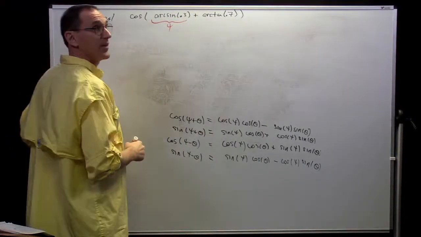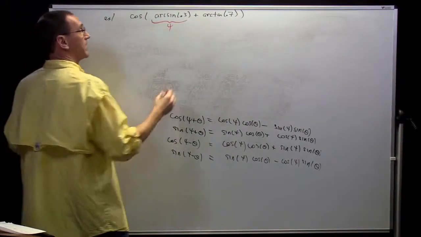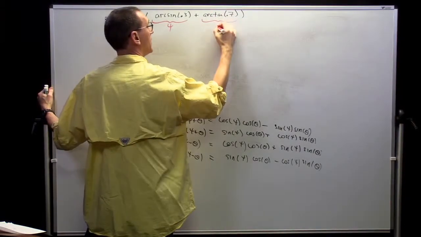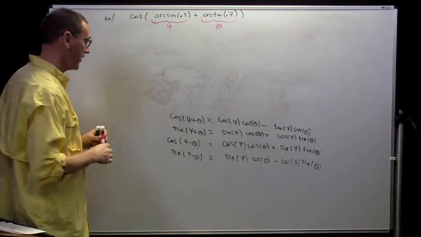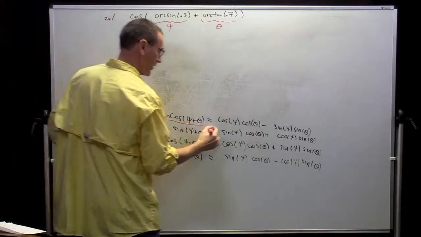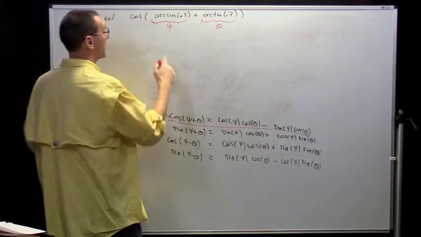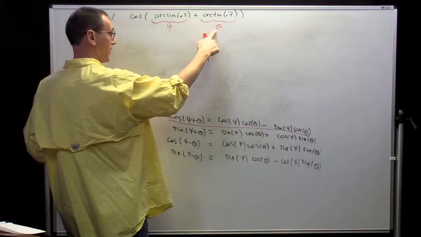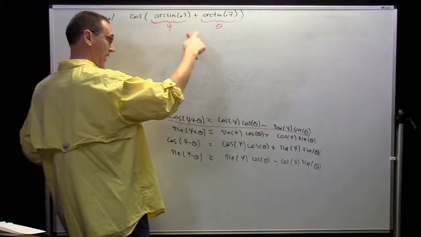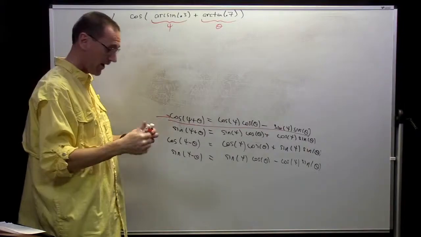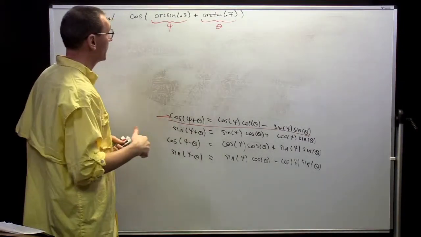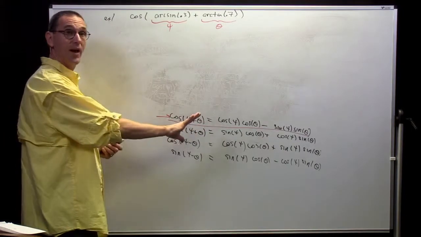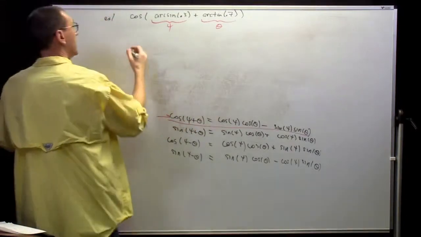Now the thing to recognize is the arcsine of something is just an angle, so let me call that my psi. And the arctangent is another angle, I'm going to call that theta. So I'm just going to plug straight into this expression. I'm going to have the cosine of this times the cosine of that minus the sine of that times the sine of that. Once I get that broken out, I'm going to go back and use all that triangle stuff we've done before, and I'm done with that. Okay, so let's see.